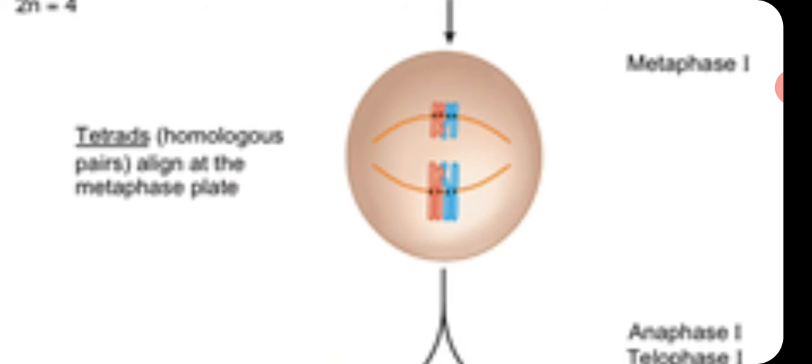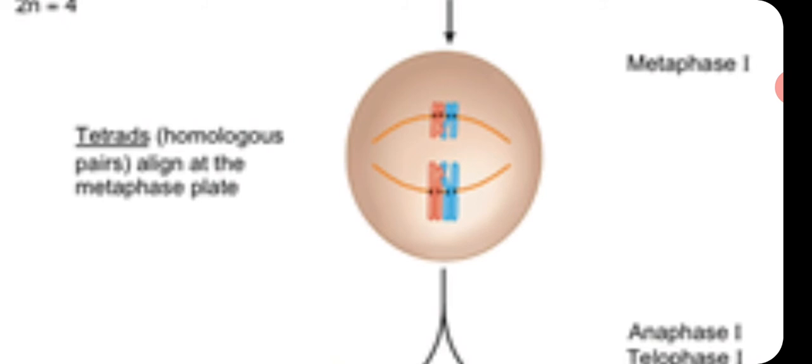During anaphase, out of one set of two homologous chromosomes, one moves to one pole and the second homologous chromosome moves to the opposite pole.